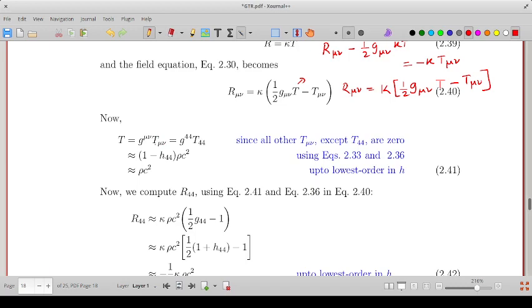So the only non-zero term is g44 times T44. Now we have already seen that g44 is 1 minus h44, and up to the lowest order in h, T44 is equal to rho c square. So T is up to lowest order in h equal to (1 minus h44) rho c square. Up to lowest order, we can neglect the order h term, so that results in rho c square.